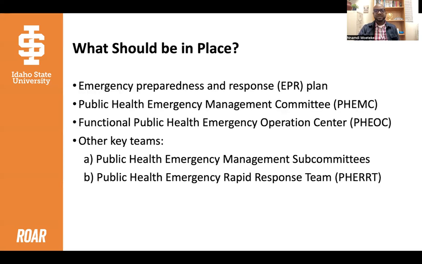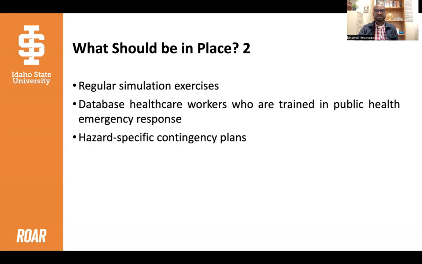So there is need to develop a public health emergency preparedness and response plan, EPR. All levels must also establish public health emergency management committees and develop a functional public health emergency operations center, PHEOC. And furthermore, the public health authorities must identify and train key members of public health emergency management subcommittees, as well as the public health emergency rapid response team.